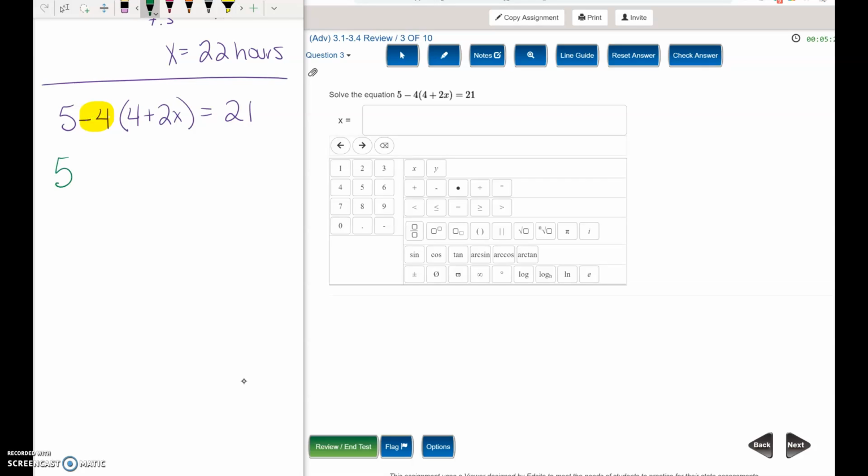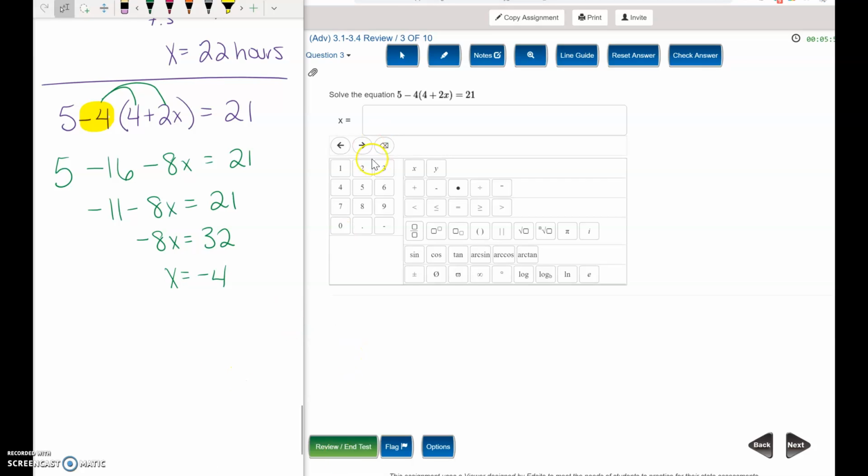So we've got 5. -4 times 4 is -16. -4 times 2x is -8x. 5 minus 16 is -11. Add 11 to both sides to get -8x equals 32. Divide both sides by -8 to get x equals -4.